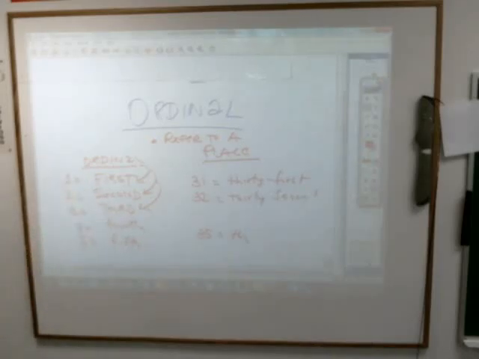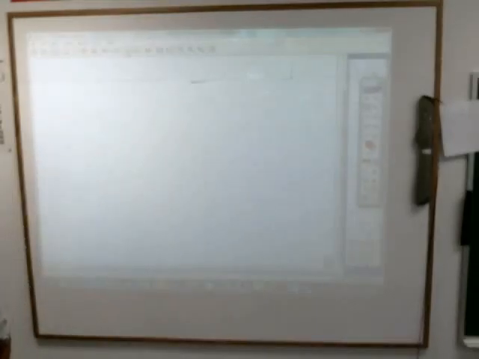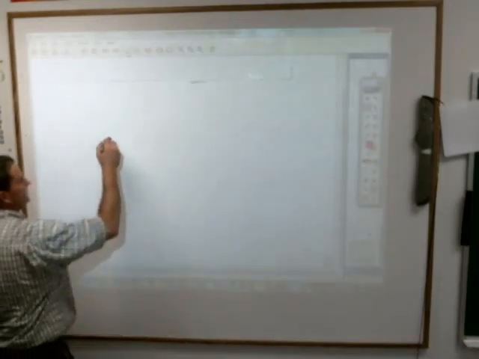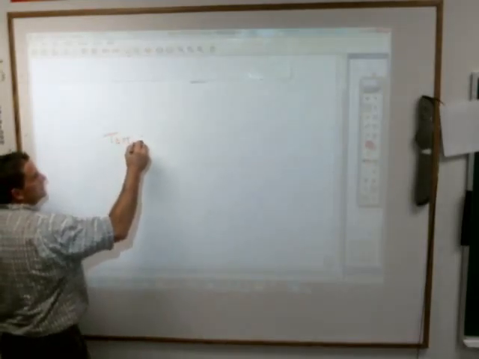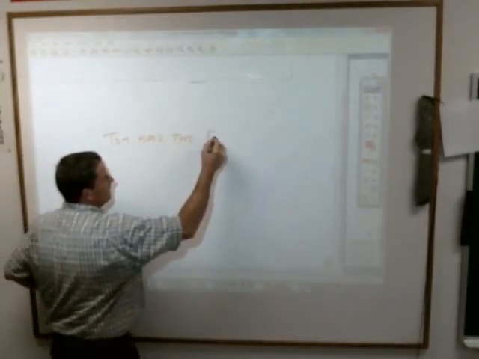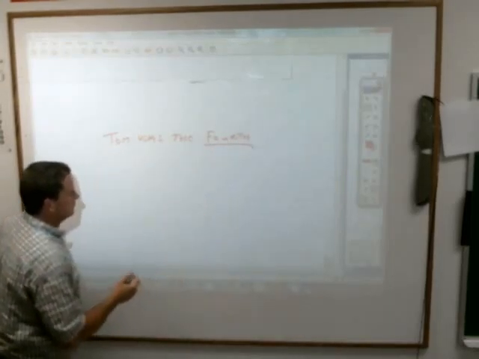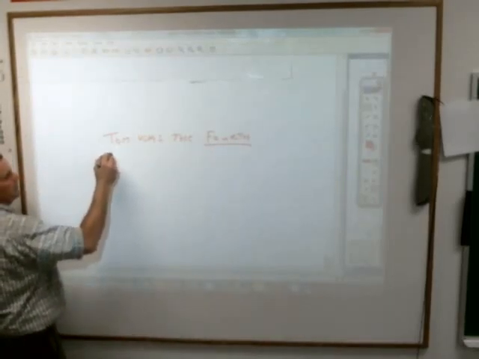Something else they ask you here, and here's another one that takes a lot of time. Write down this problem. Tom was the 4th person in a line of 10. 4th is what kind of number? An ordinal number, yep.